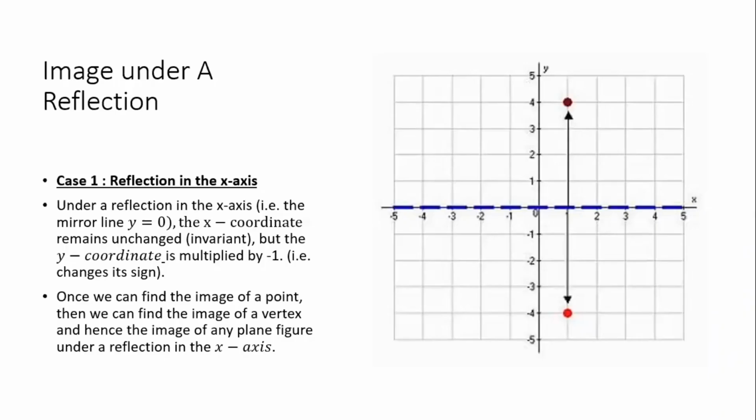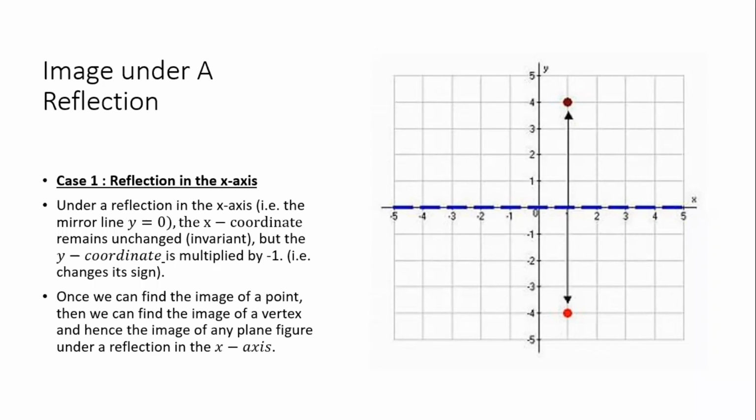So this is just notes saying under a reflection in the x-axis, that is the mirror line where y is equal to 0, the x-coordinate remains unchanged. So if the x-coordinate was 6, when the reflection takes place, it will still be a positive 6. If it was a positive 9, it will still be a positive 9.